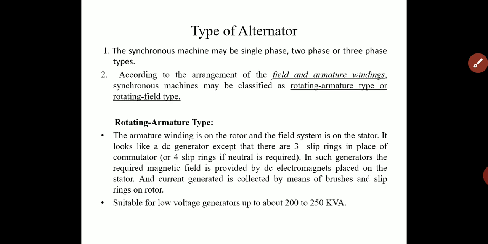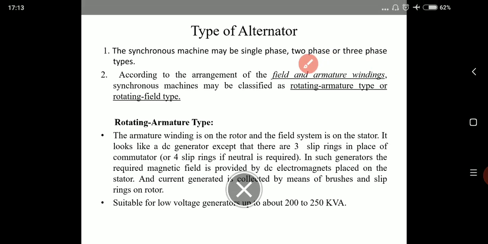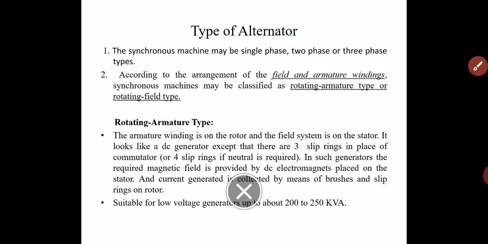So what is single phase? Single phase provides a pair of output terminals and a single AC output. Then two phase means the alternator is composed of two windings placed at 90 degrees from each other.